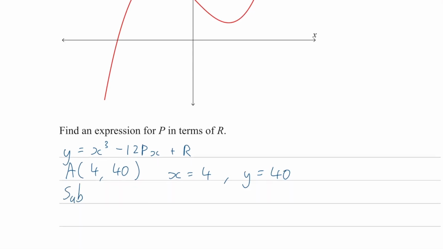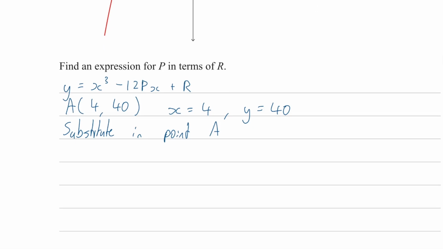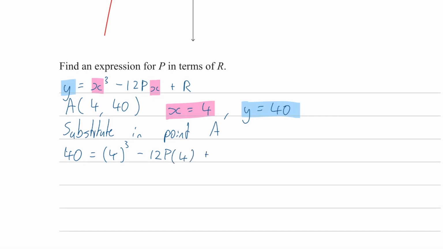So substitute in point A to give us the y. 40 equals, x is 4. And when you substitute, I strongly recommend using brackets, especially when you have things like cubed or multiplying by other numbers. So we have 40 equals 4 cubed minus 12p times 4 plus r.